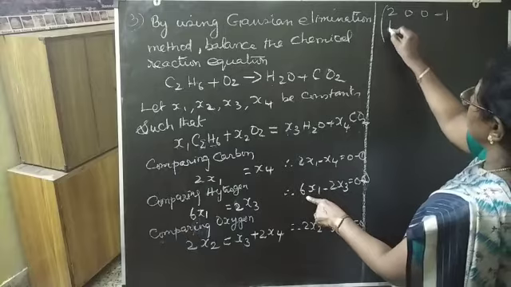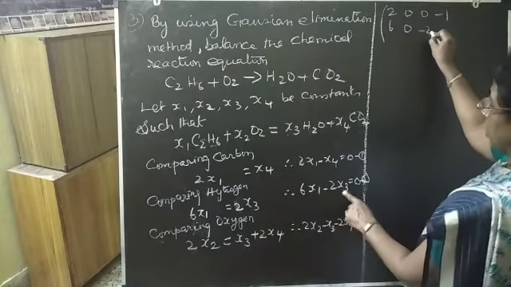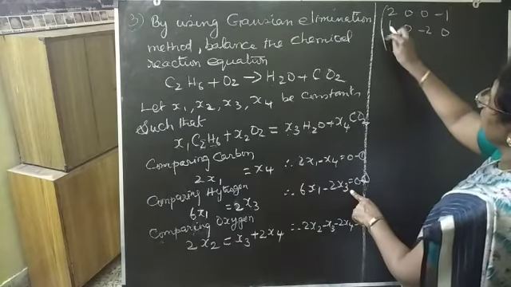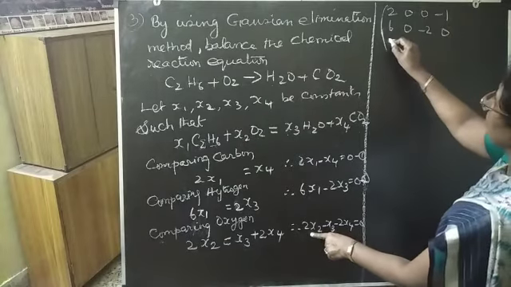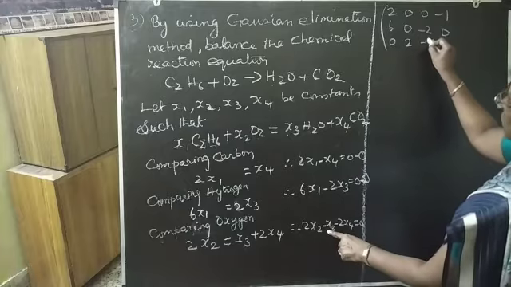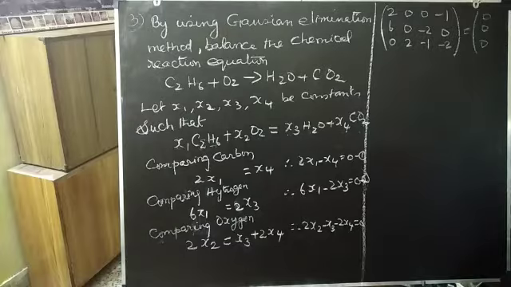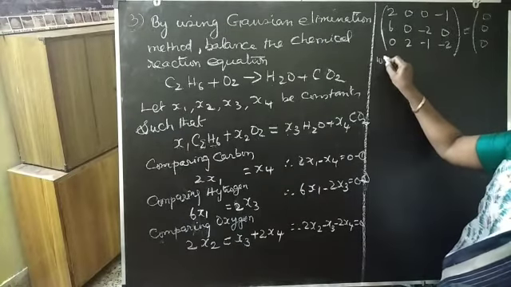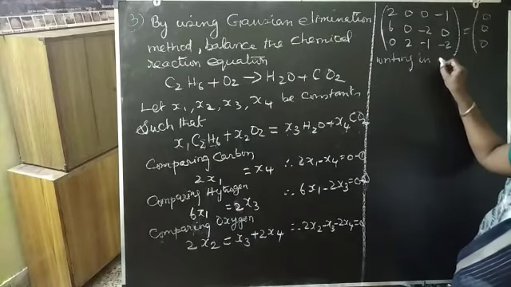Second equation: 6x1, no x2, minus 2x3 and then 0. Your third equation gives you 2x2, so there is no x1 here, 2x2 minus 1x3, then minus 2x4. So now we are going to write this in echelon form, writing the augmented matrix.